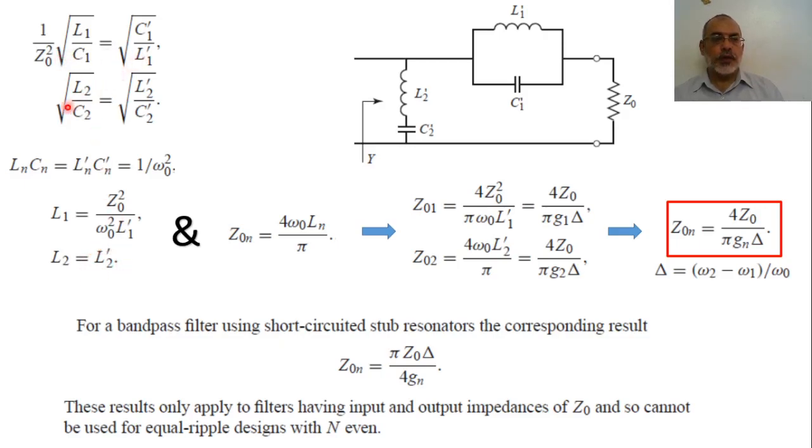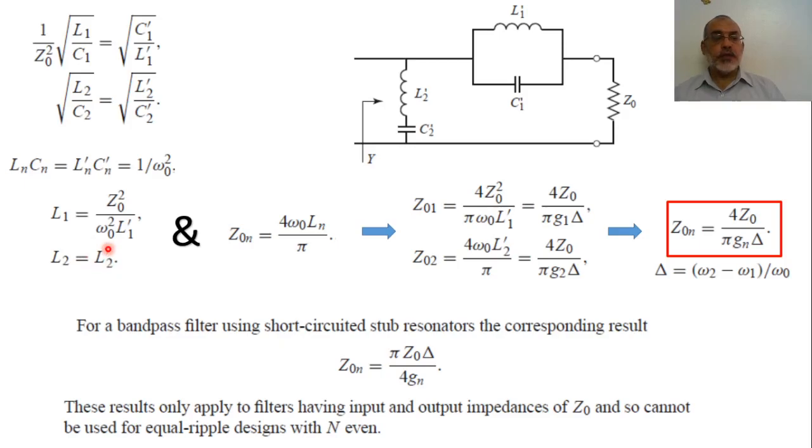So by solving these two equations and taking into consideration that Ln multiplied by Cn, where n is 1 or 2, equals Ln dash Cn dash, which equals 1 over omega naught squared, by applying this equality in these two equations, we can obtain the relation between L1 and L1 dash and between L2 and L2 dash.